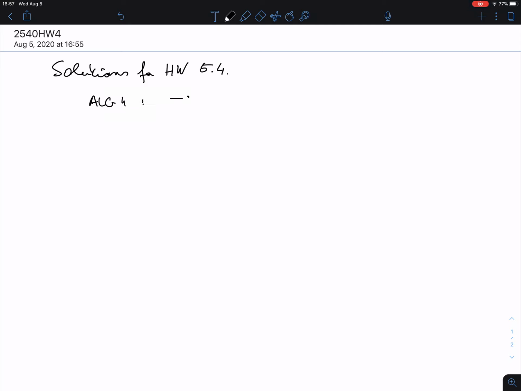modular exponentiation. Okay, and I'm not going to write down the whole thing in code again, but remember what it does: you're trying to calculate this thing, where this mod m means the remainder by division by m.